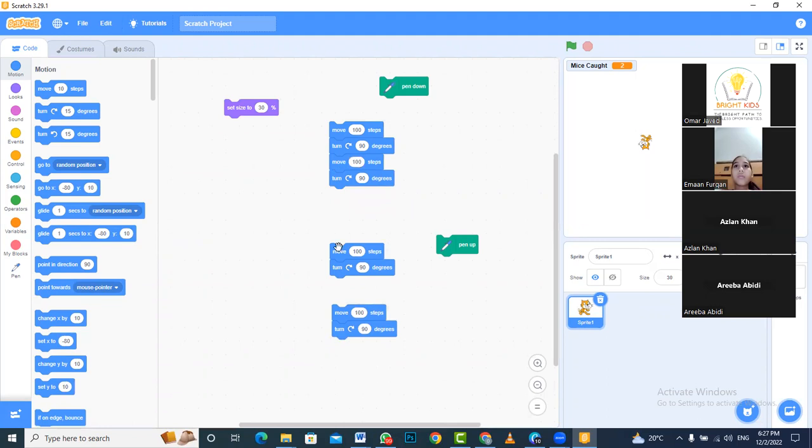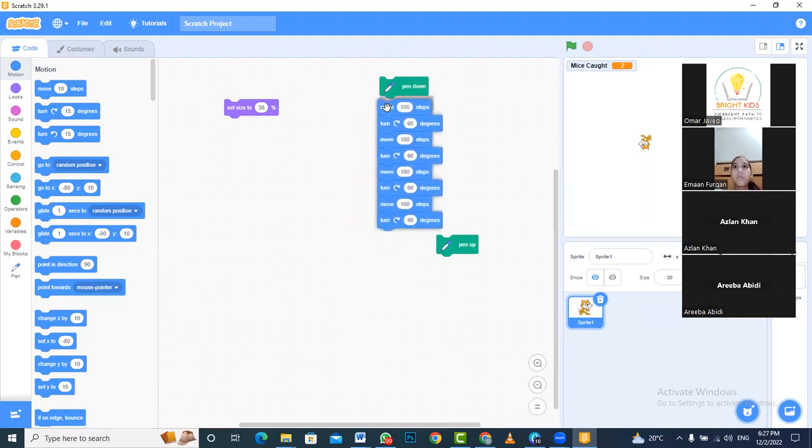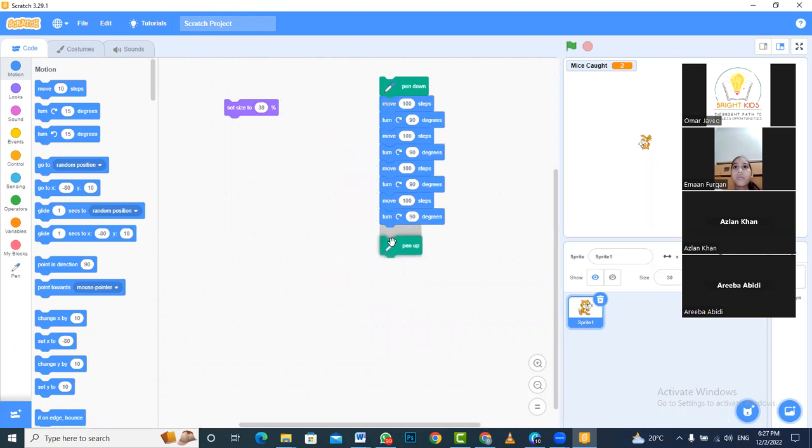If I use these four steps together with a pen down button and ask my character to pen up after that, we might be doing this. I would ask my character to go to this position first and point in direction 90.